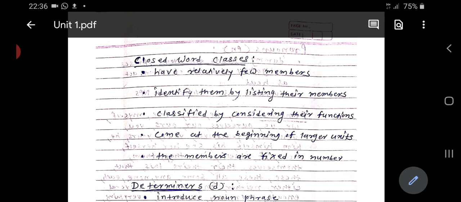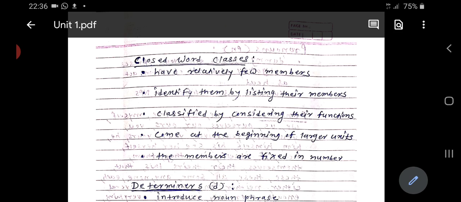So determiners include articles. There are two types of articles, definite and indefinite. The, a or an are the most common determiners.